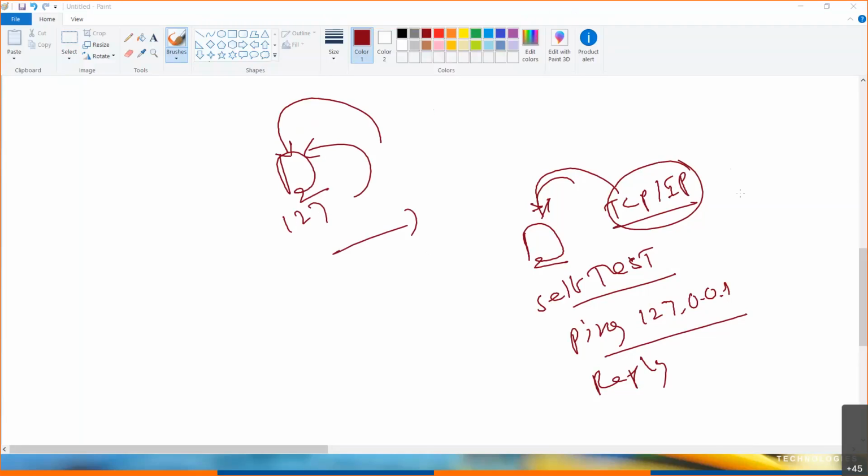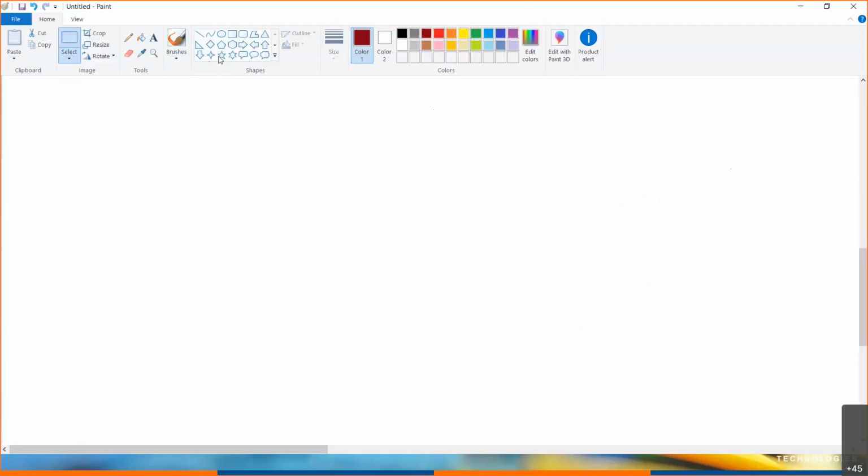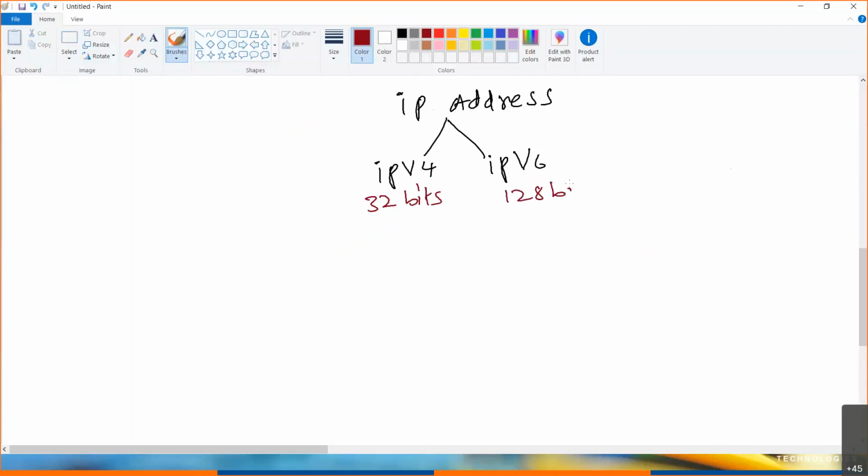All right, so let me start IPv6. IP address has two versions: one is IP version 4, the other is IP version 6. IPv4 is 32 bits. IPv6 is 128 bits.